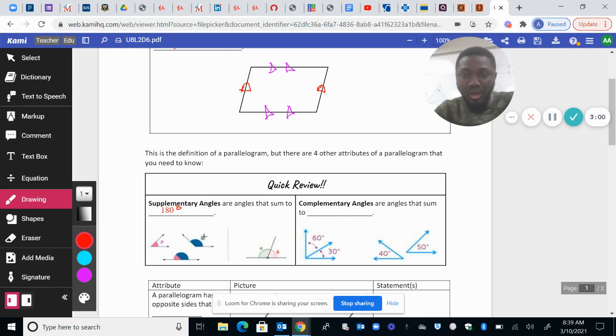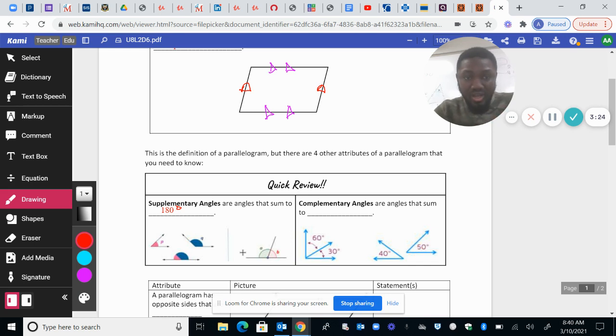Even though the blue angle is more than 90 degrees, so it's obtuse, the pink angle here, which is less than 90 degrees, is acute. So when you add this acute and obtuse angle together, they form a straight line, and they're on a straight line, so they add up to 180, then they are supplementary.